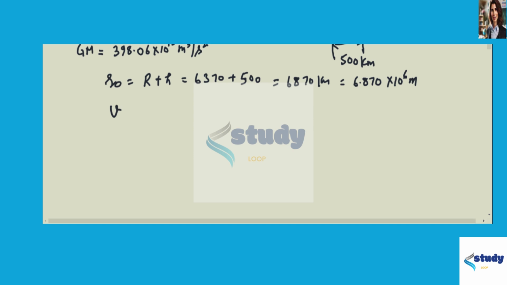And the orbital speed for the circular orbit of the satellite is given by root of GM upon r naught.